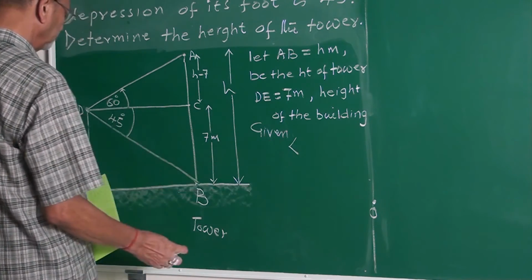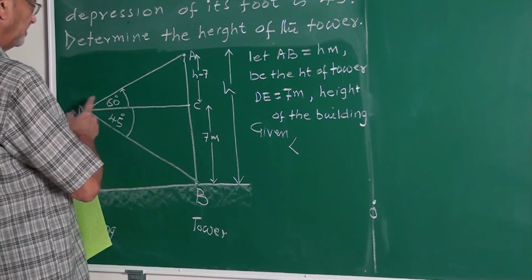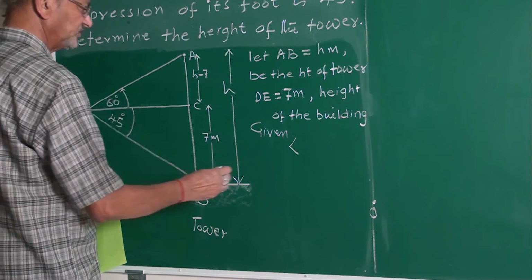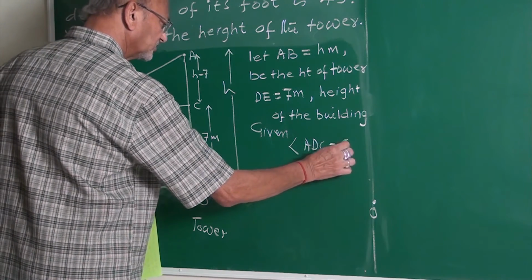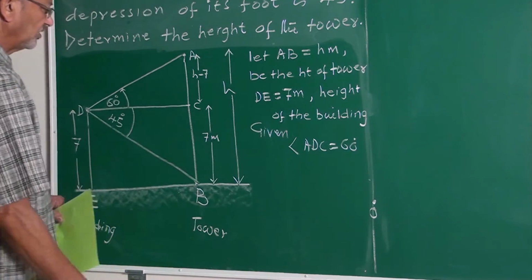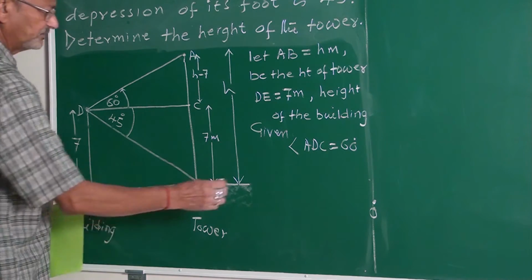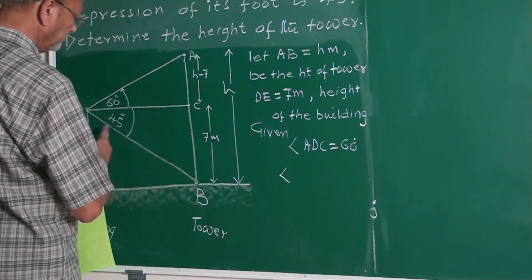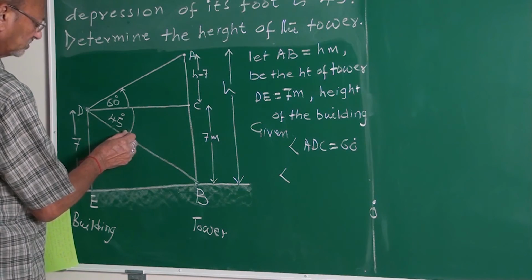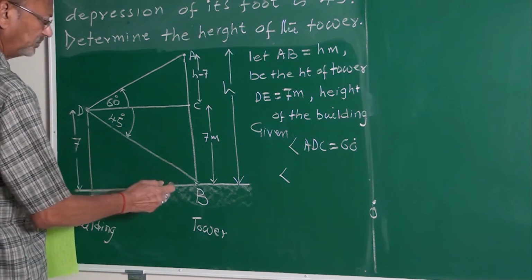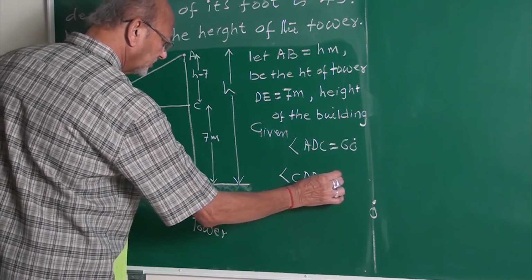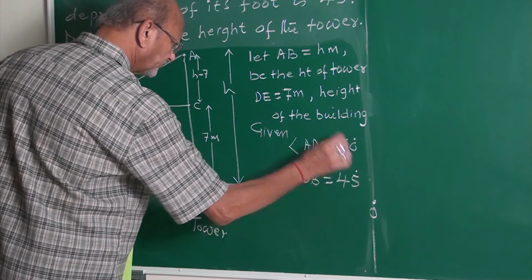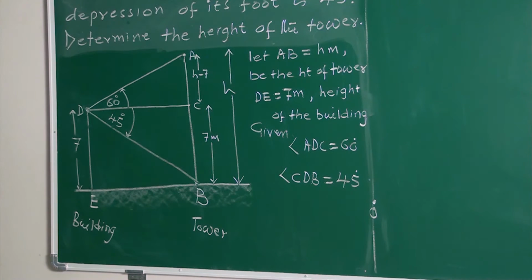The angle of elevation is angle ADC, 60 degrees. The angle of depression is here, angle CDB, 45 degrees.